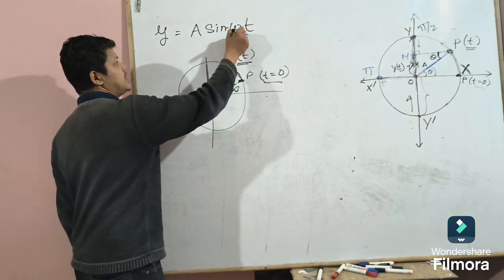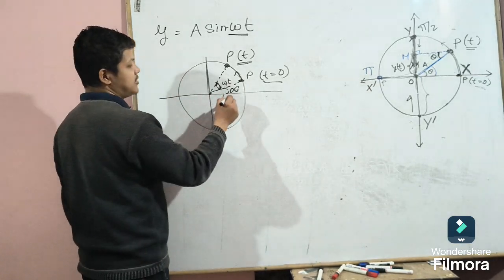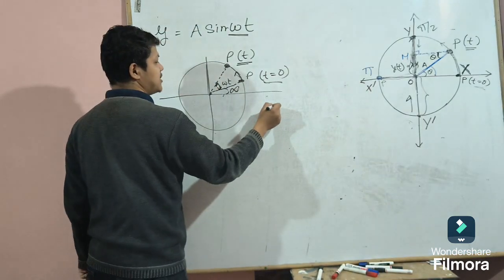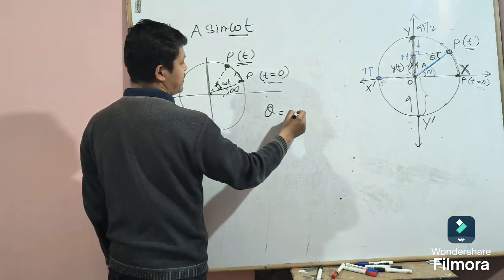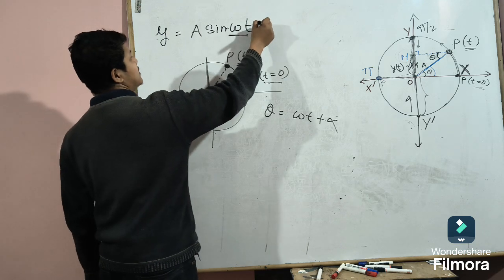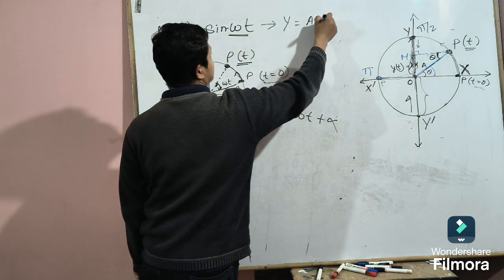So in this case, instead of omega t, this theta is now equal to omega t plus alpha, right? This equation comes from the relation y is equal to a sine theta.